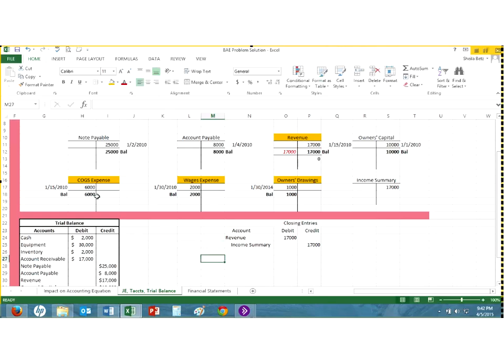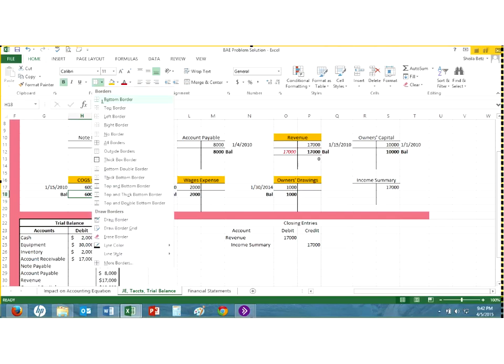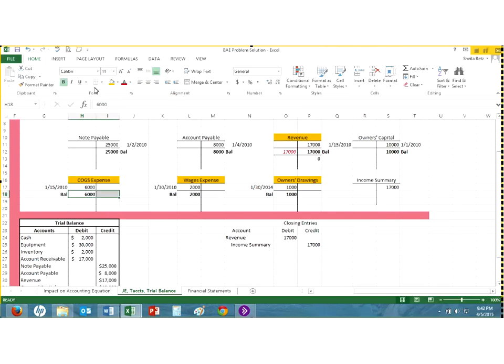Let's close the expenses. We need to get each of these expense accounts to 0. So how I'm going to do that, I'm going to credit both of the expense accounts. But once again, I got to move them somewhere.